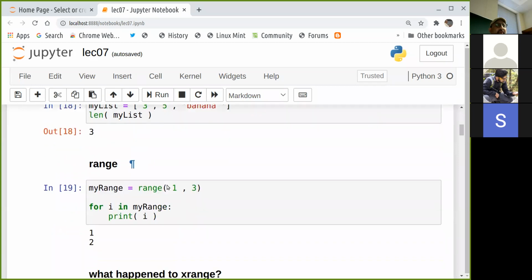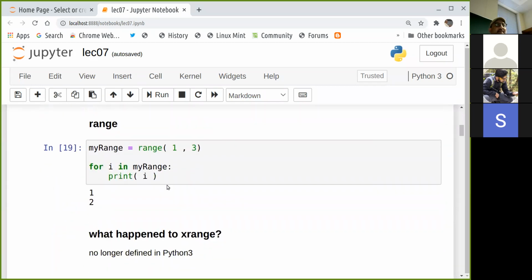And you have a range. That's something like these sequences of values that we've discussed before. We've talked about lists. We've talked about NumPy arrays. And we also have something which is called a range. So here my range is the range from 1 to 3.